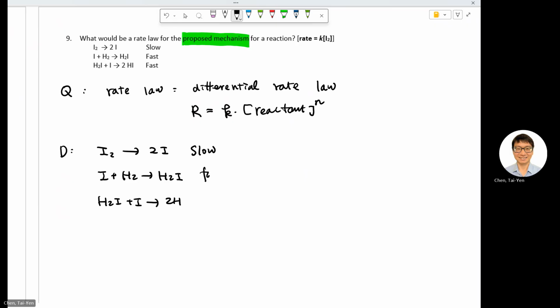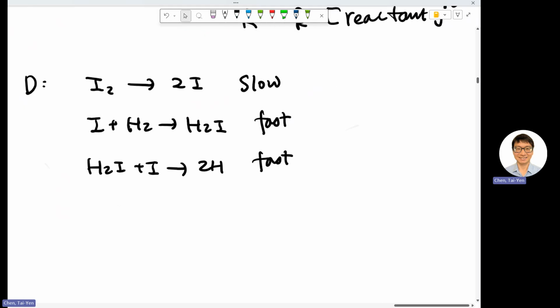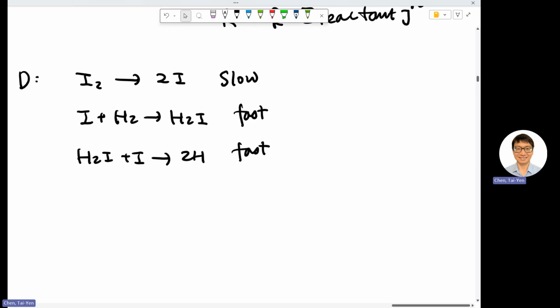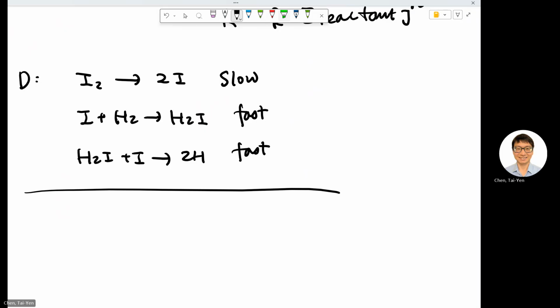One is slow, the other ones are fast, right? So the rate-determining step is the first step. Those are the things that you know from your data. First thing first, you want to figure out what is a reactant and what is a product. So what you do is add up the three equations. Once you add them up, you realize some of the things will cancel out.